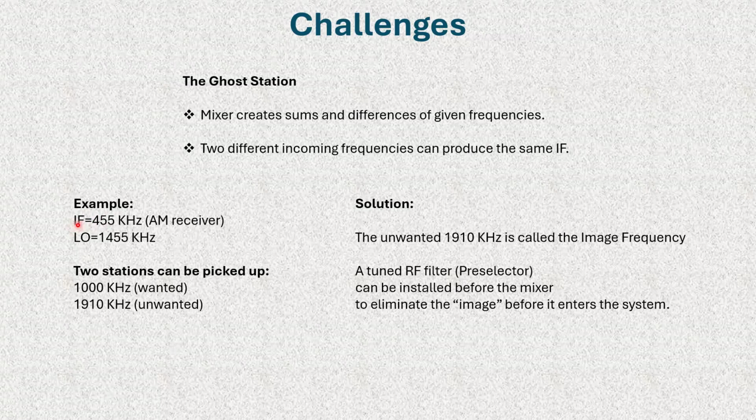For example, the IF frequency of 455 kilohertz for the AM receiver, and let's say the local oscillator is dialed manually or automatically to produce 1455 kilohertz. Well, two different stations can be picked up by the combination of that.